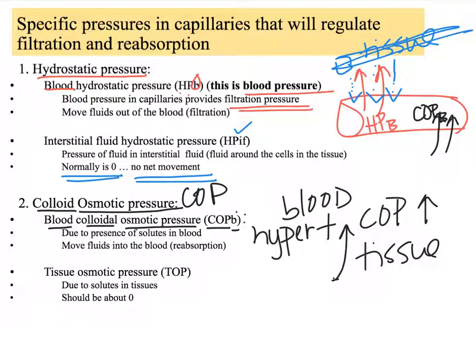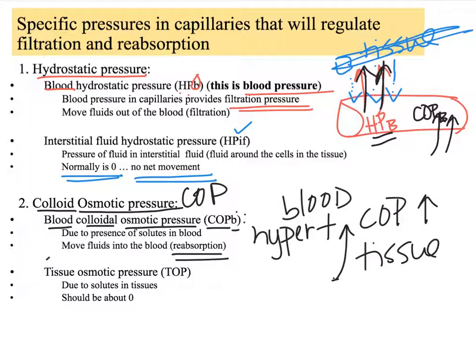There's an animation too that goes with it. Basically the hydrostatic pressure of the blood, so your blood pressure, is driving filtration. The colloid osmotic pressure of the blood is driving reabsorption, so it's pulling water back in.